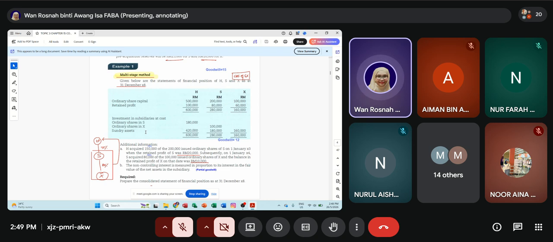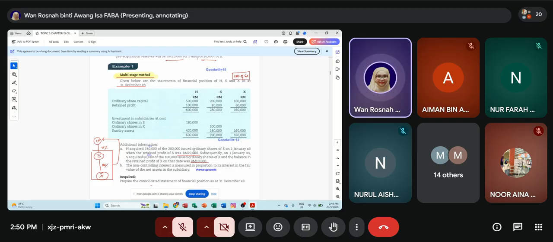So you can see here H acquired 150,000 of the 200,000 issued ordinary shares of S on 1st January 2003 when the retained profit of S was 20,000.